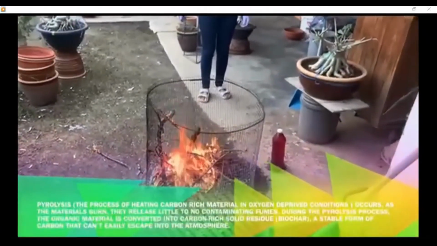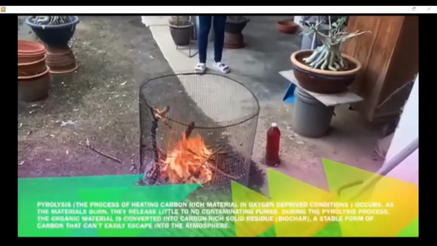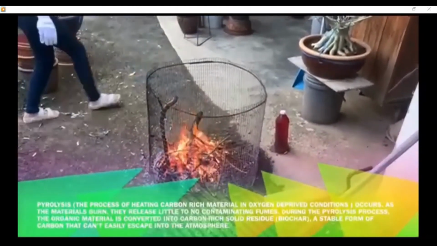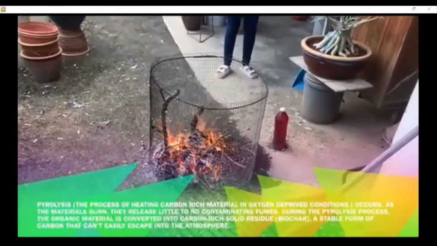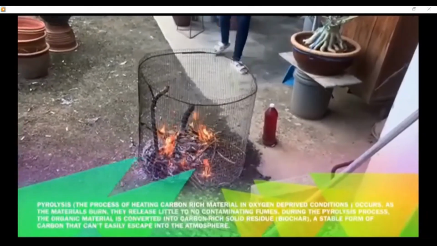Pyrolysis occurs. As the material burns, it releases little to no contaminating fumes. During the pyrolysis process, the organic material is converted into a carbon-rich solid residue, which is biochar, a stable form of carbon that cannot easily escape into the atmosphere.